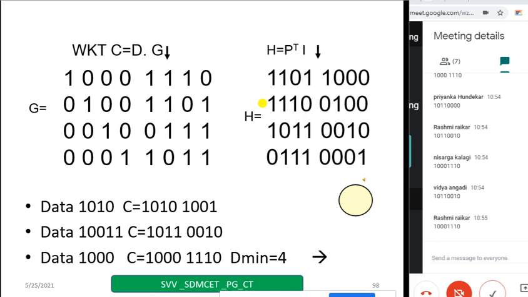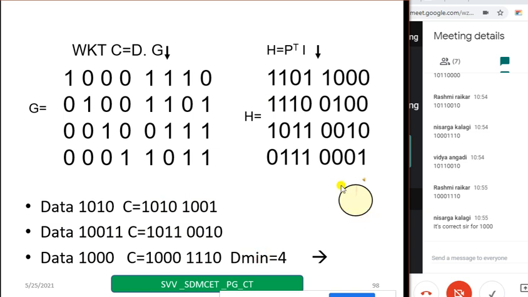Vidya and Rashmi, the answers are correct. So these are the data bits given, the 1010 combination, and the code word I am showing you. Similarly for the second and third one. D minimum is 4. The number of ones in these code words, 1, 2, 3, 4, 1, 2, 3, minimum is 4.